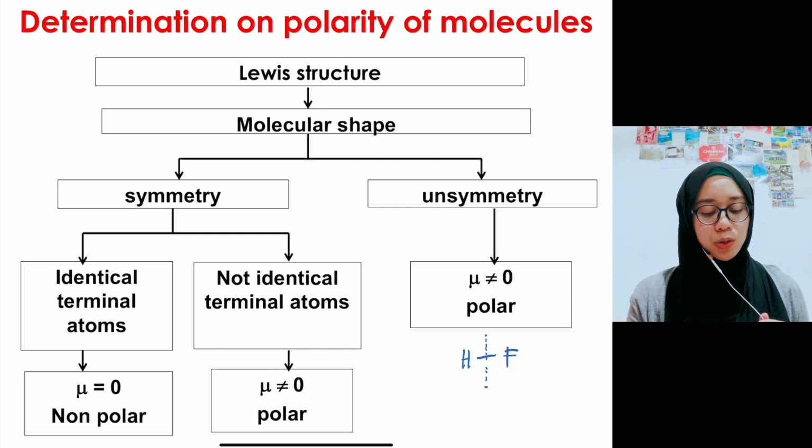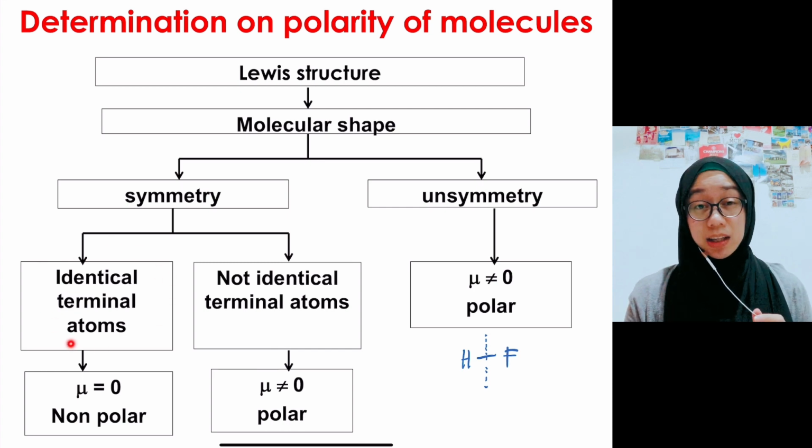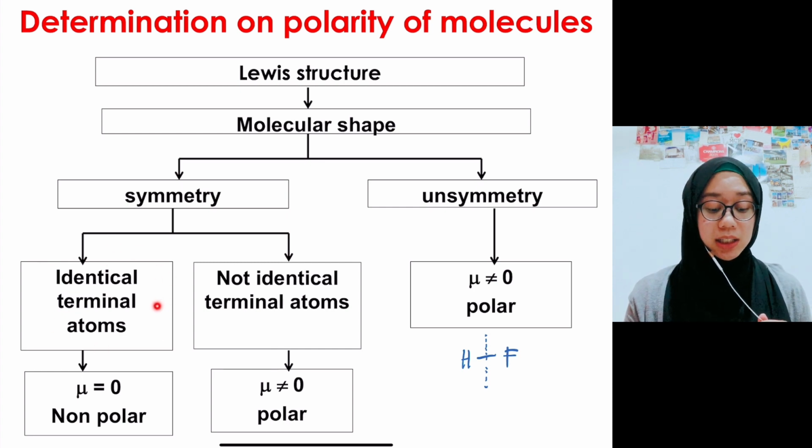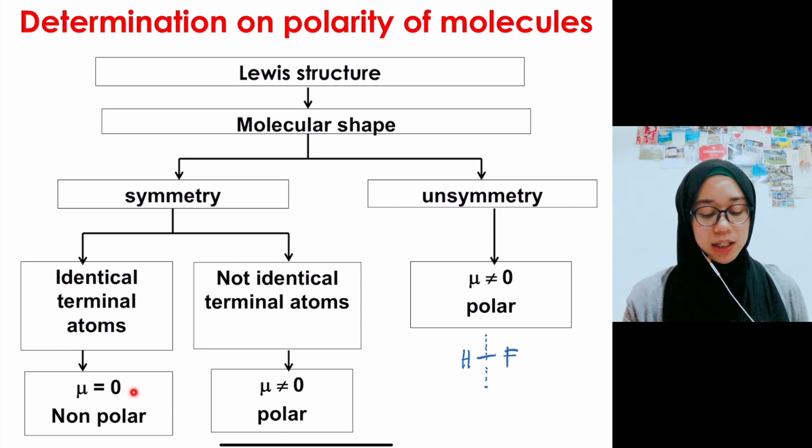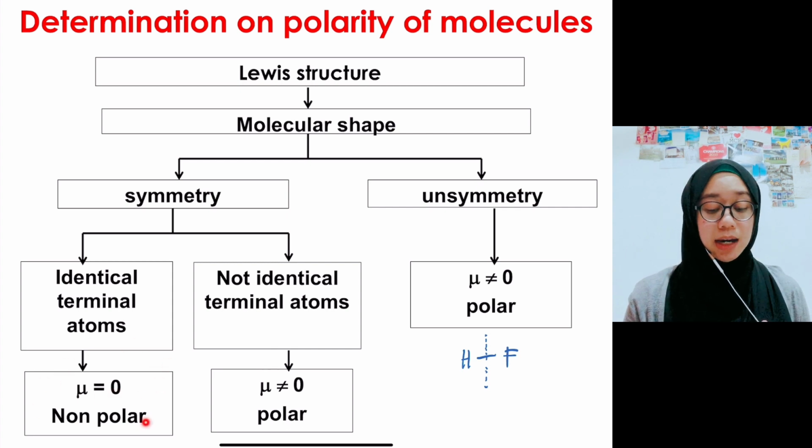One is where the terminal atoms, they are all identical. Therefore the resultant dipole moment, the dipole moments can cancel off one another. So bila dia boleh cancel off one another, the resultant dipole moment akan jadi zero. So dia akan jadi non-polar.